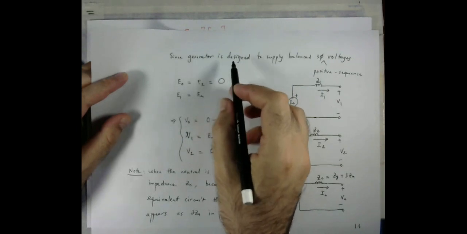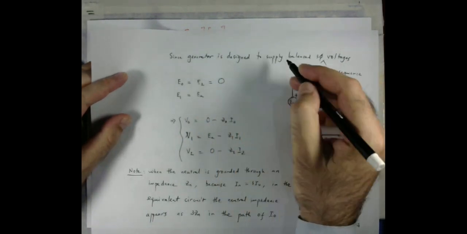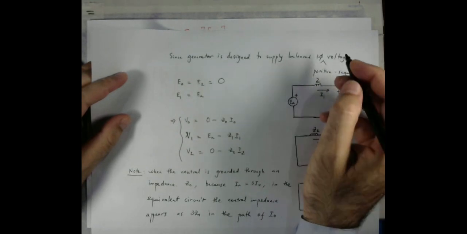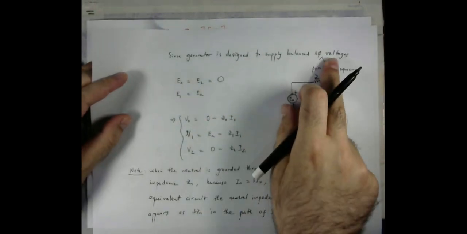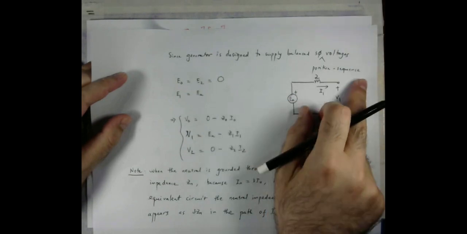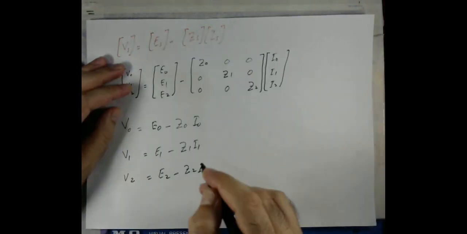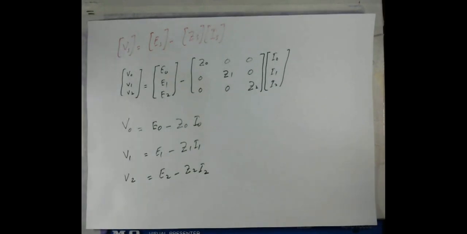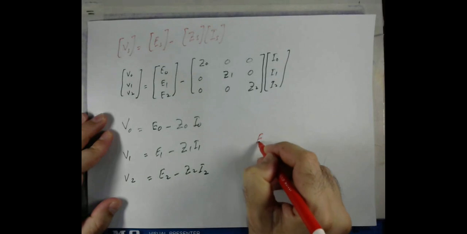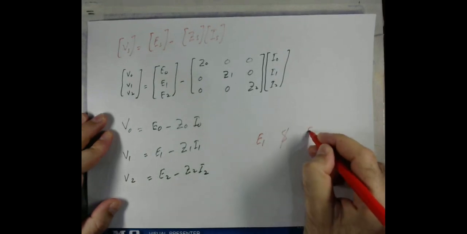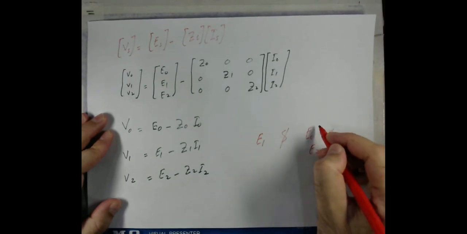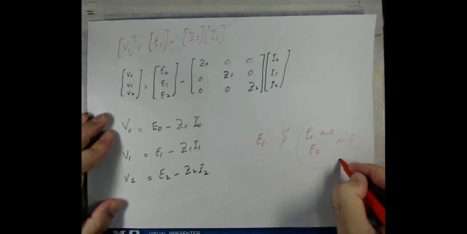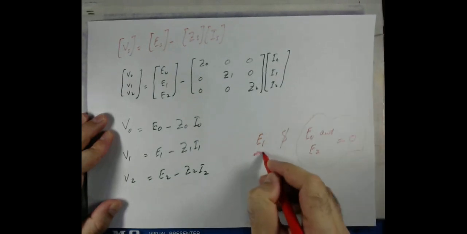Taking this fact into consideration, in the system we have studied so far we have ABC sequence, or a positive sequence. If it is balanced and positive sequence, then we will have only the positive sequence voltage E1, and the zero sequence and negative sequence voltages will be equal to 0.